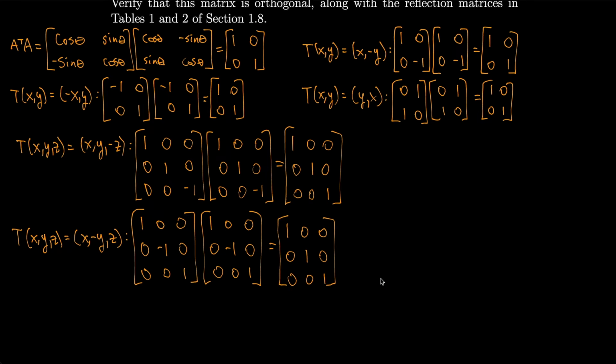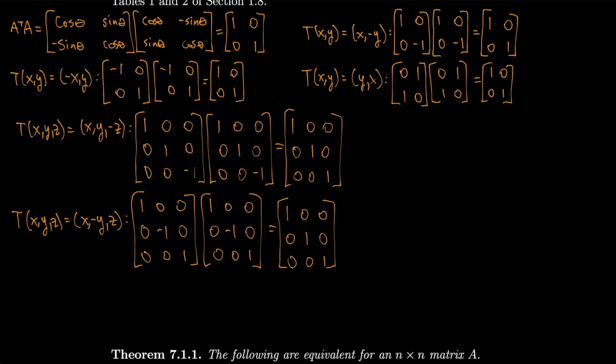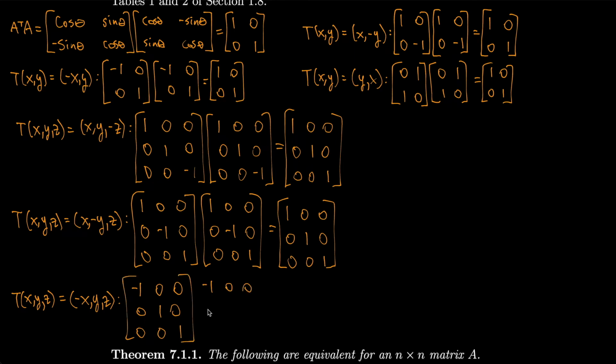Okay, one more to check. We need T of x, y, z equal to minus x, y, z. So we have a minus 1 for the x, and then the rest is the same. Transposing doesn't give us any change, and multiplying, we get the identity again.